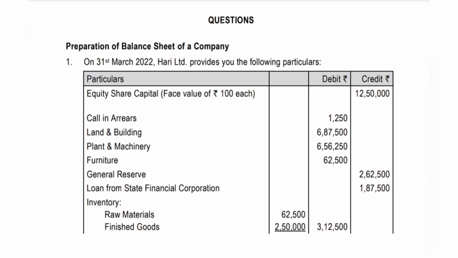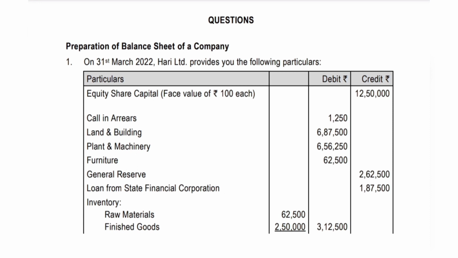On 31st March 2022, Hari Limited provides the following particulars. Equity share capital, face value of rupees 100 each, rupees 12,50,000. And then calls in arrears 1250. So here, if it is a share capital, we have to give explanation as per the note.